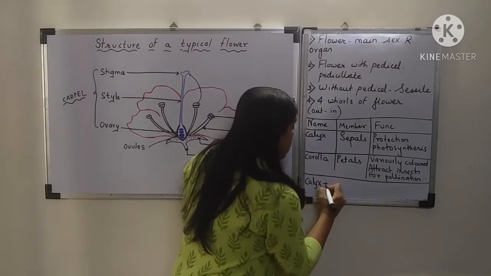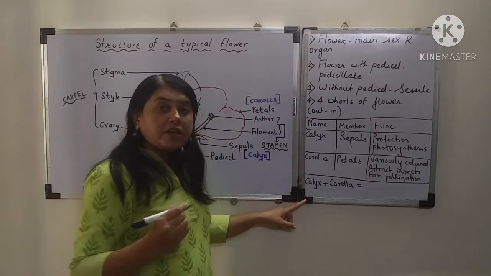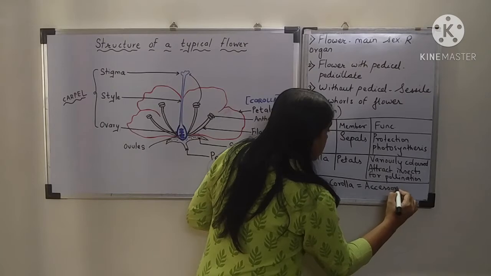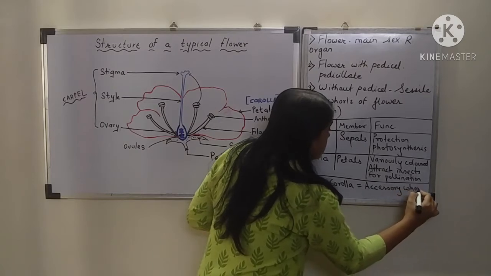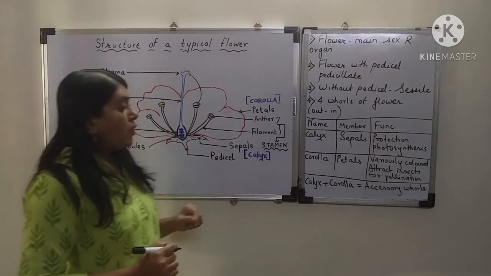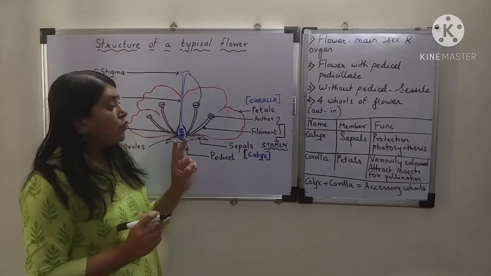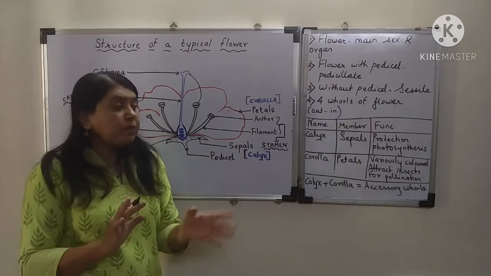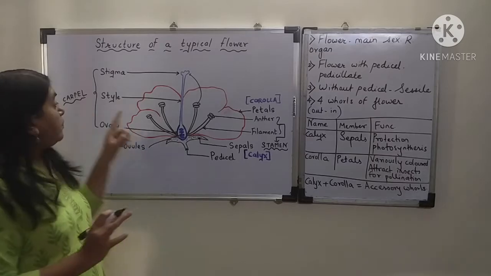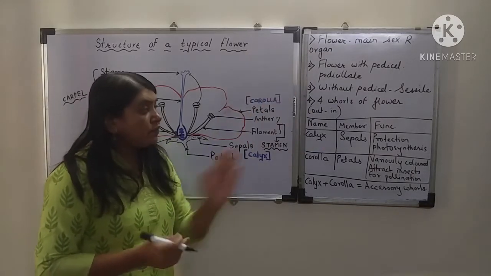Calyx and corolla are called accessory whorls of the flower. Now, coming to the essential whorls of the flower, we have two essential whorls. One is male reproductive, represented by the stamen, and the second is female reproductive, represented by the carpel. So this is how you will start the answer.